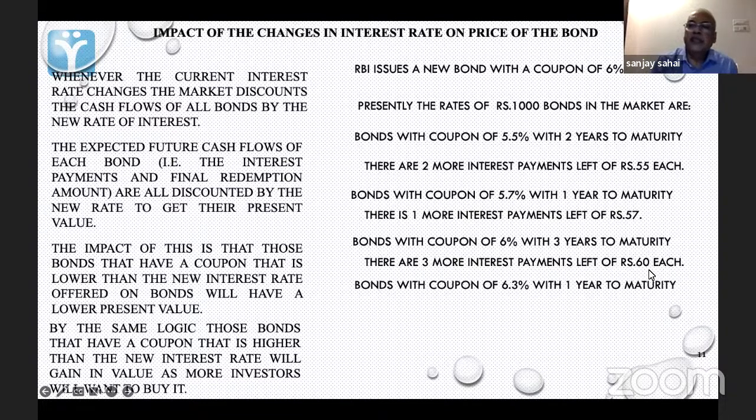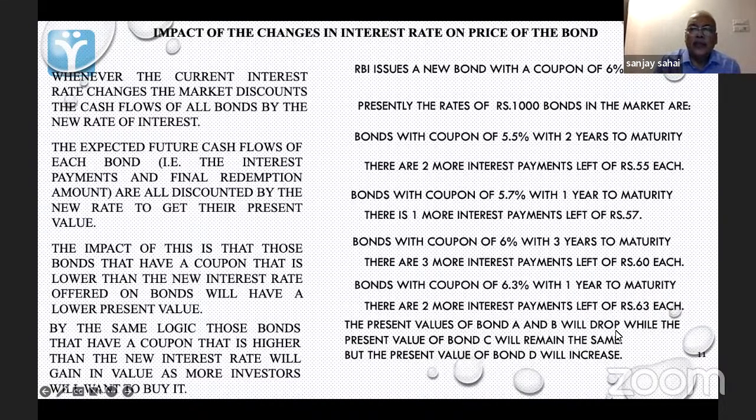You will get rupees 60 each year for 3 years, and then you will get your 1,000 rupees back. And then in the case of this bond, 6.3, you will get 63 each year, and then you will get your 1,000 rupees back. So this is what is going to happen. Now, let me just take you to an Excel sheet just to show you what exactly is going to happen.